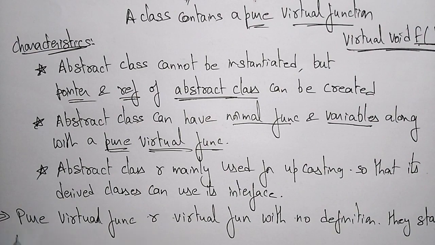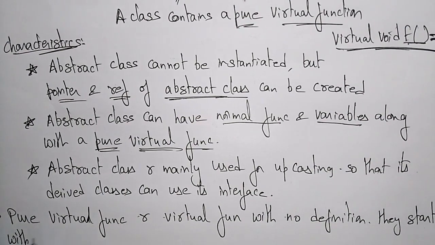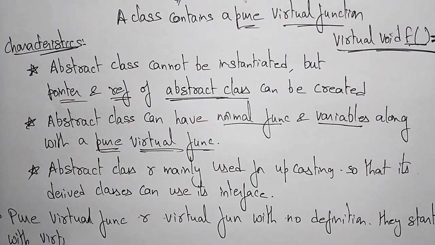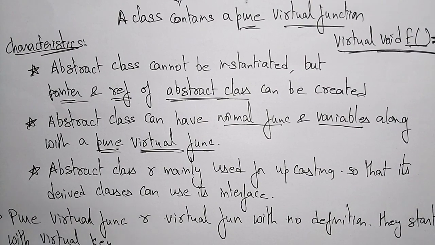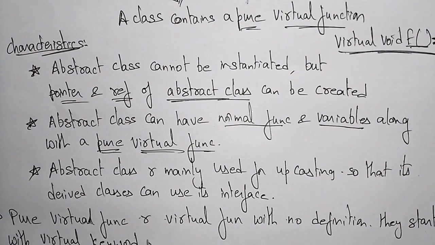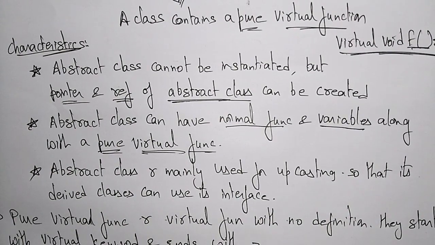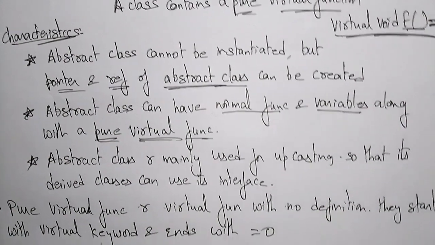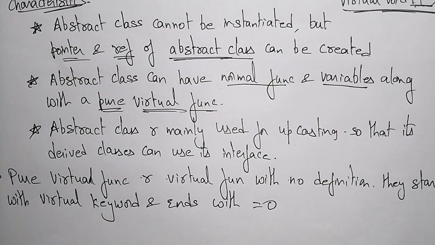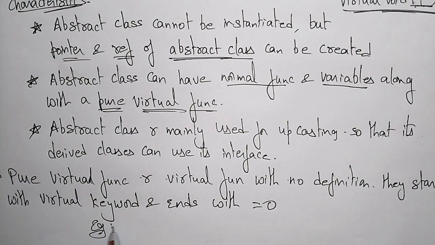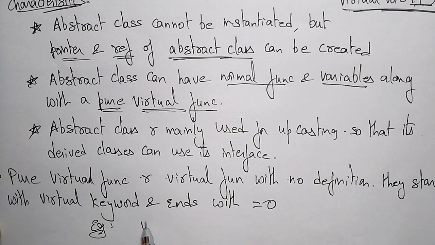They start with the virtual keyword and end with equal to 0. So an example for this, let us see the syntax. I said a pure virtual function with no definition starts with the virtual keyword and ends with 0.